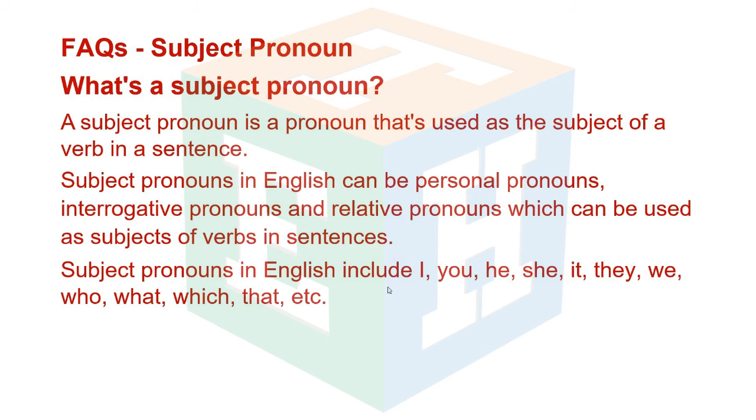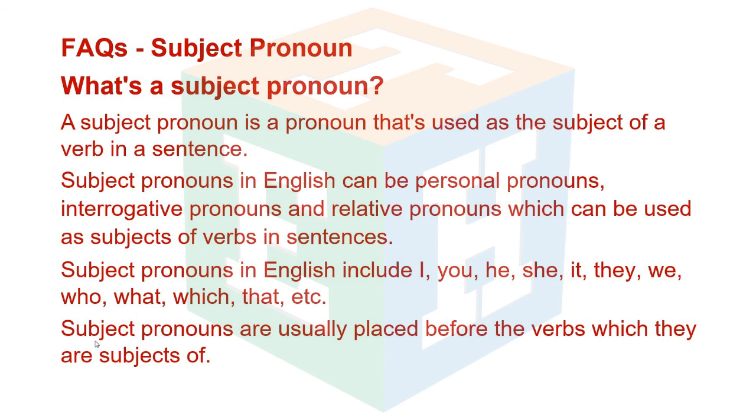Subject pronouns in English include I, you, he, she, it, they, we, who, what, which, that, and others. Subject pronouns are usually placed before the verbs which they are subjects of.